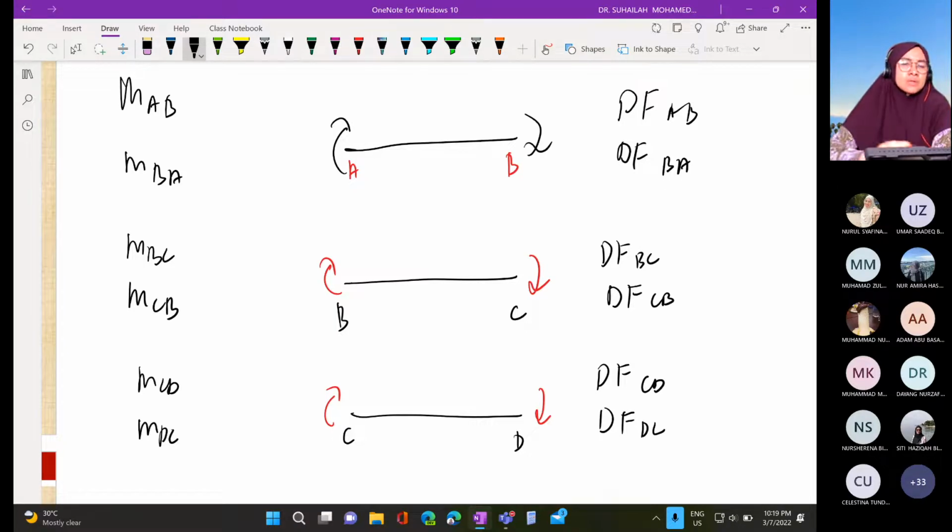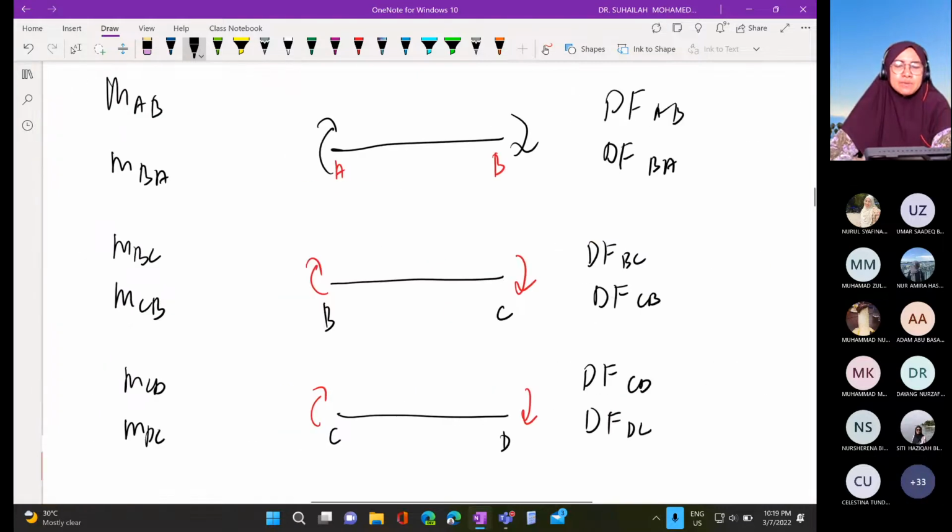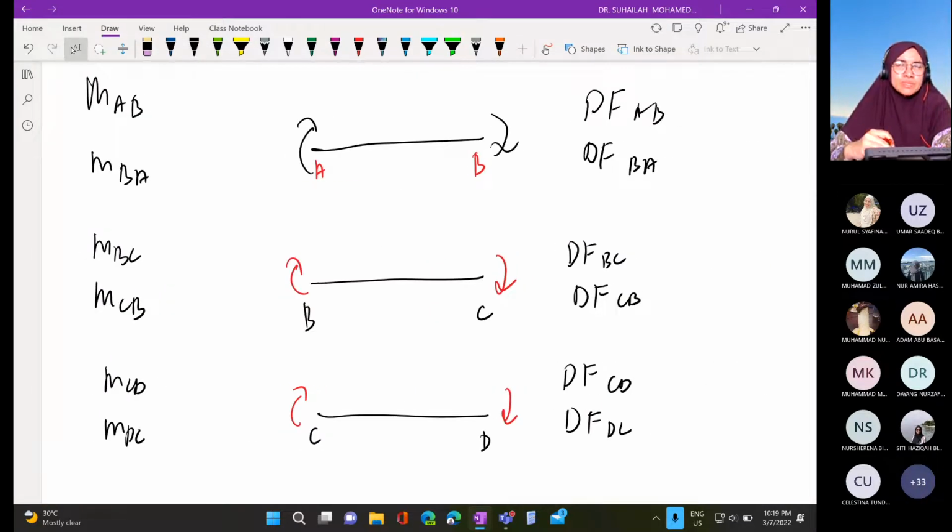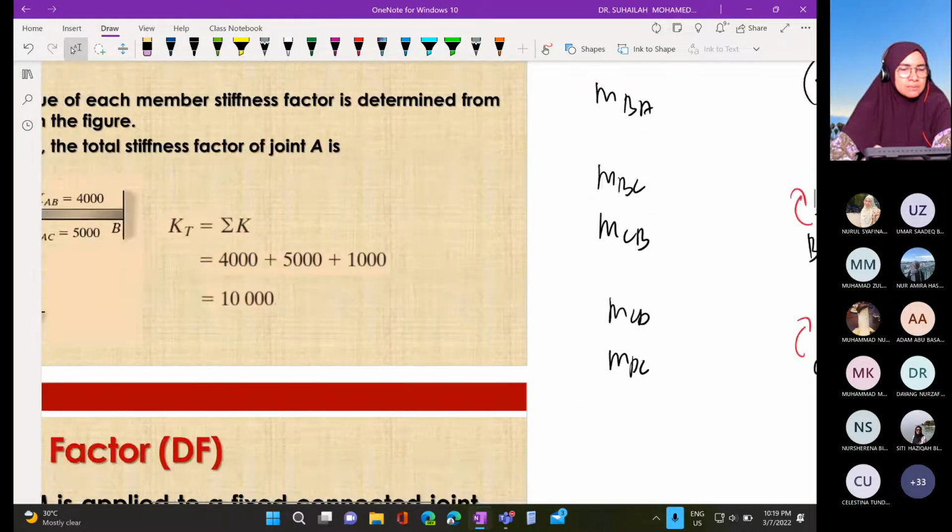We will calculate the distribution factors from the stiffness factor K. Even though K is for the element, we have to calculate 6 distribution factor values like this.